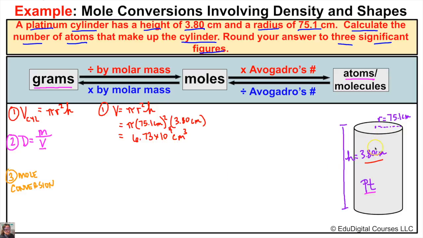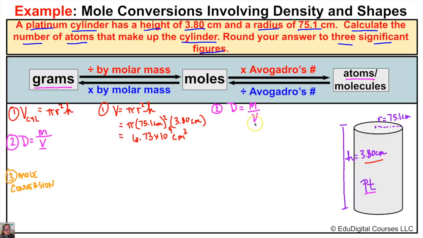So that is the volume of this cylinder right here. So now that we know the volume of our cylinder, in step 2 we can use the density formula, density equals mass divided by volume, to figure out the mass of this platinum cylinder here.